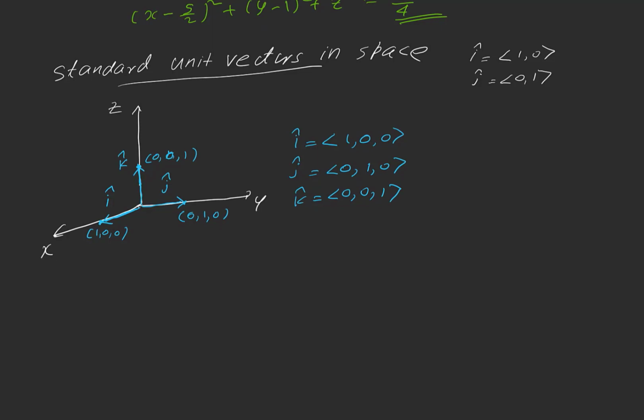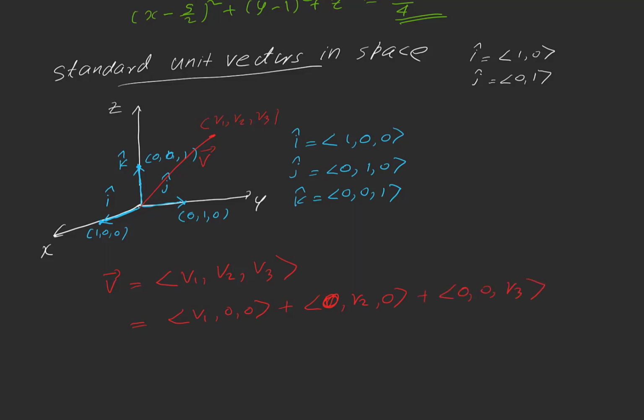Now suppose you have any vector, I use here v, that is (v1, v2, v3). So we can write the v vector as a position vector: (v1, v2, v3), and we can write this as (v1, 0, 0) plus (0, v2, 0) plus (0, 0, v3).